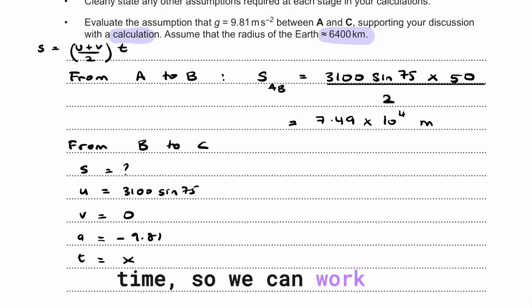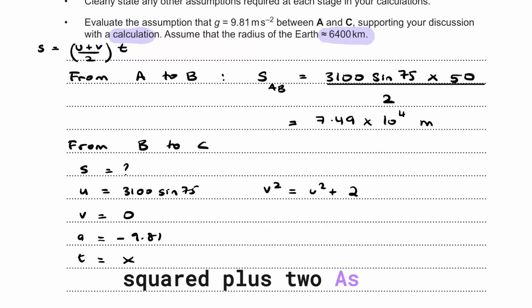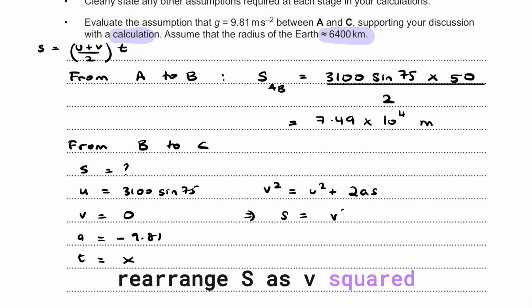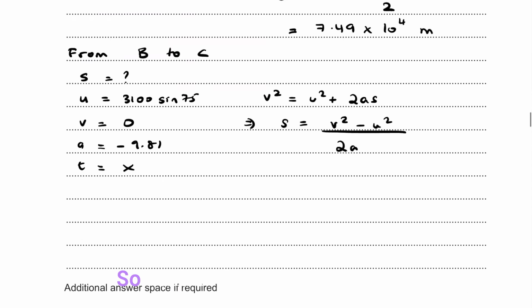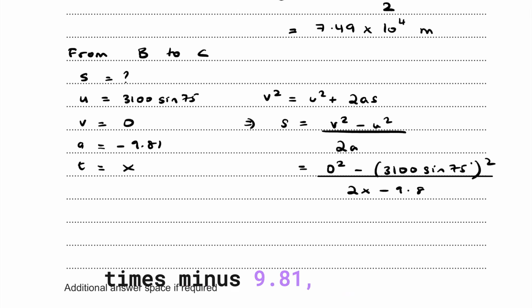So we can work out using V squared equals U squared plus 2AS and rearrange for S as V squared minus U squared over 2a. So that will give me 0 squared minus (3,100 sine 75 degrees) squared divided by 2 times minus 9.81.